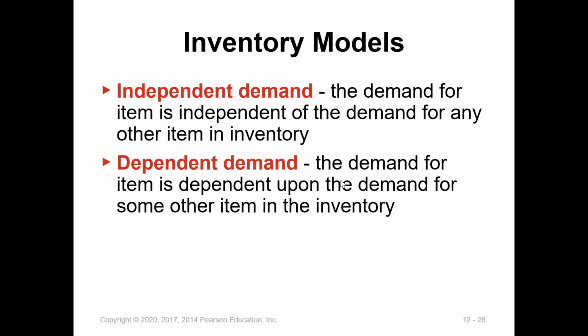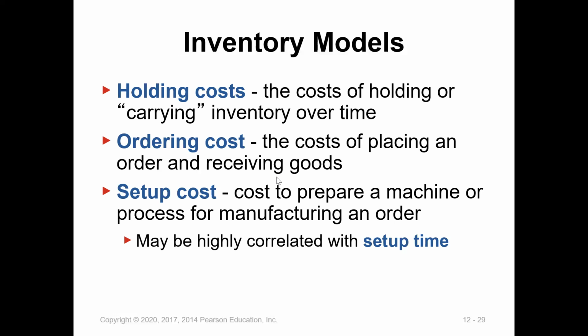And then we move to the types of demand and models. And we talked about inventory models. These are some definitions here: holding cost, ordering cost, setup cost. The holding cost is the cost of holding or carrying the inventory, and the ordering cost is the cost of placing an order, and the setup cost is the cost of preparing the order.